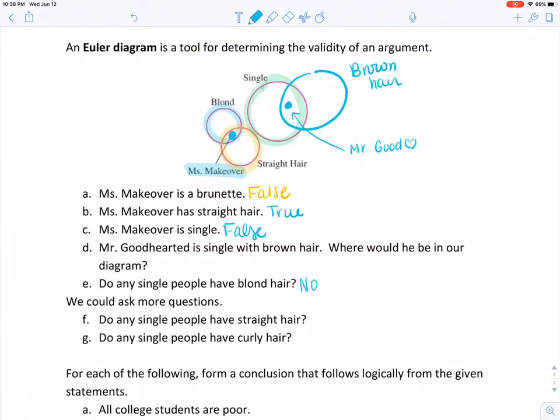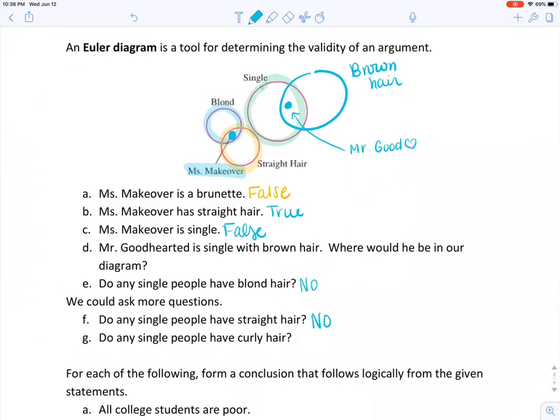So here's some more. Do any single people have straight hair? Here's my straight hair circle, and here's my single circle. Because those two circles do not overlap at all, I can say no, they don't have any people in common that are straight-haired and single.